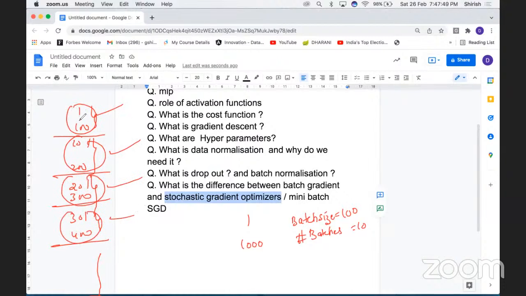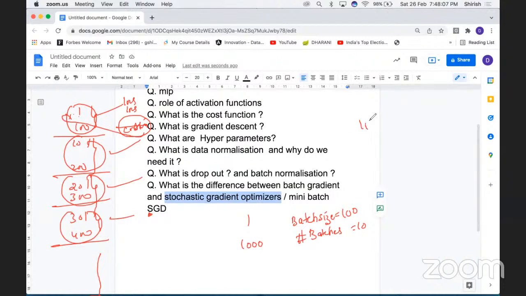In stochastic gradient descent, it takes one data point randomly and computes the loss. Here, after all are passed through the network, calculate the cost function, and based on that go back and update the weights.